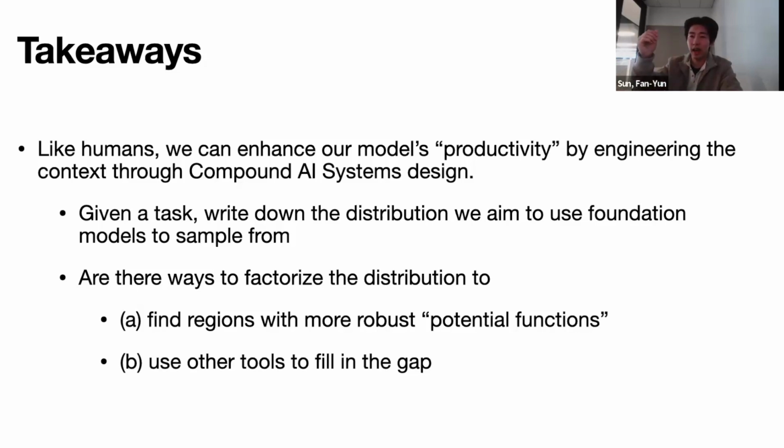To say, I either use other models or ways to find regions or decompositions with more robust potential functions, basically decompose the problem such that each subproblem can be robustly solved by the language model. Or maybe there are gaps that are outside language models' inherent ability, so you use other tools to fill in the gap, like constraint solvers or mathematical solvers.